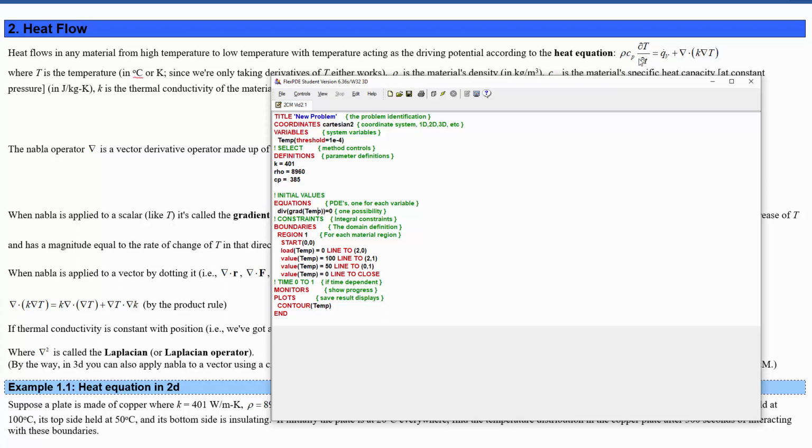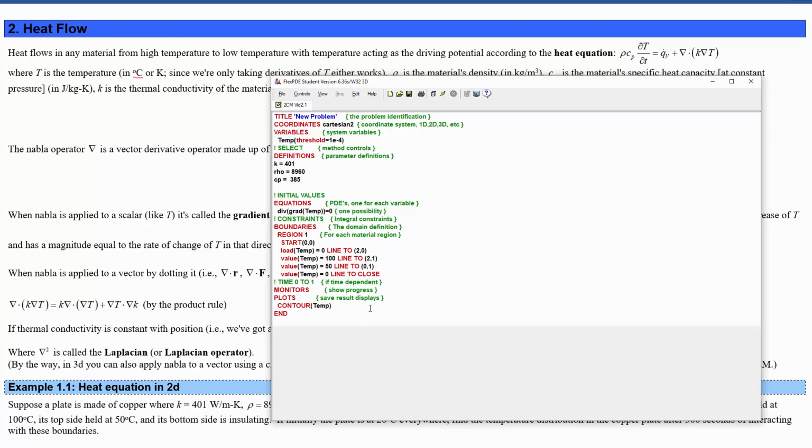So this is going to be 0, and we have no volumetric heat generation, and the conductivity is a constant with position. Then we've got divergence of the grad of temperature equals 0 left over. That's the steady state heat equation. So that's what's in there right now.